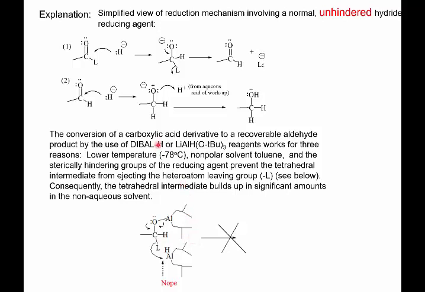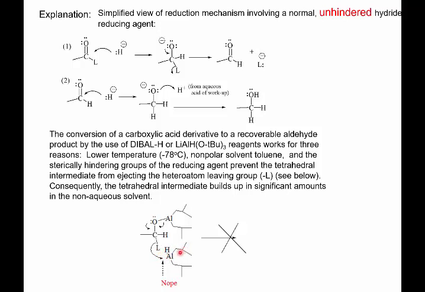Well, when you use one of these designer reagents, they've got large, bulky groups in here. They're so big and bulky, they will sterically hinder this aluminum from getting close enough to latch on to the leaving group and help to pull it off. That's the other key of how this works.